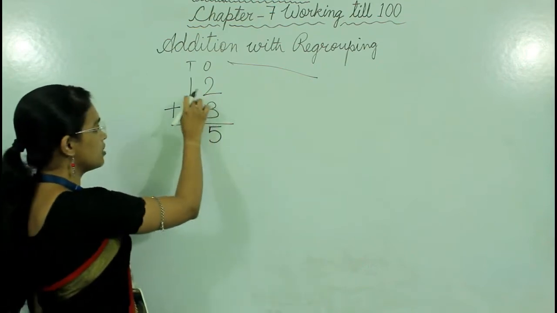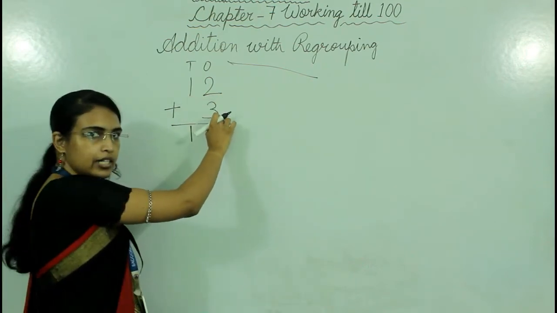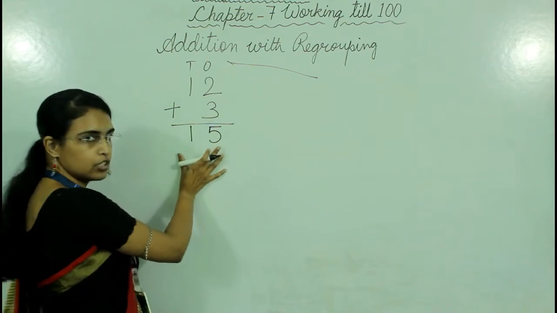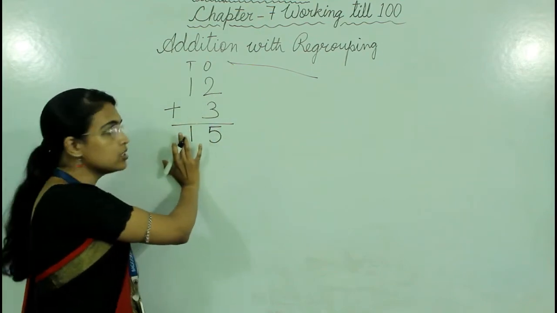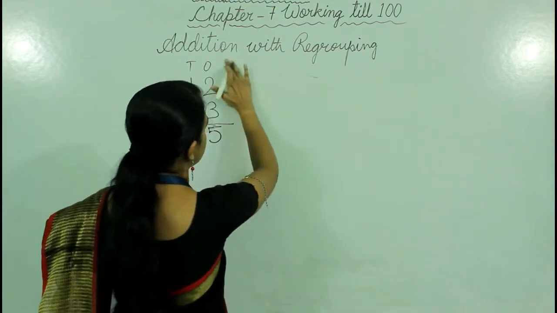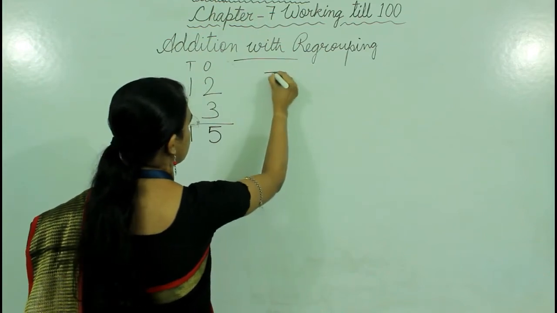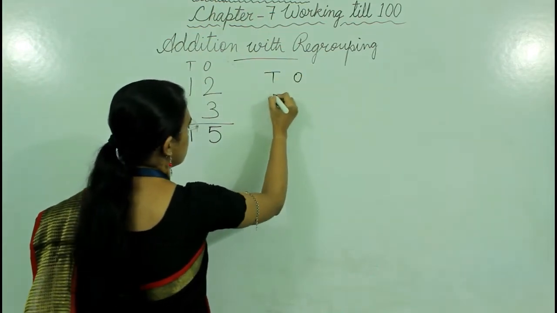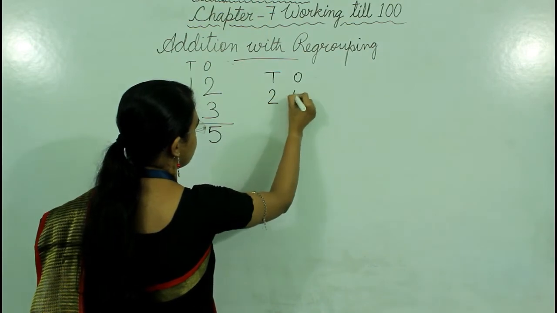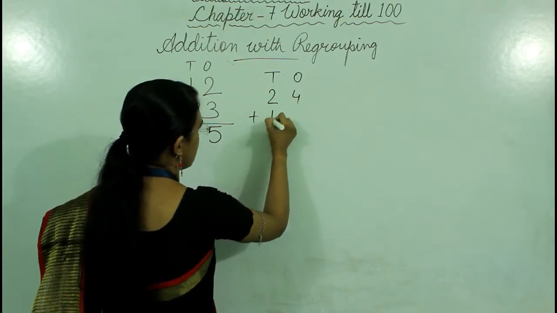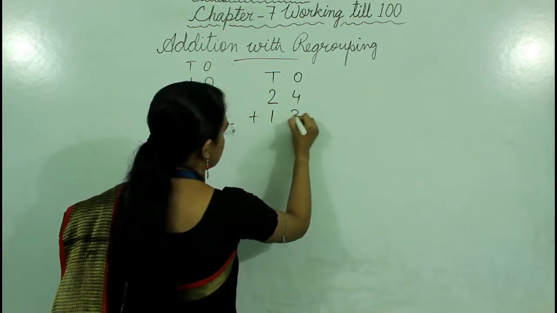This is a 2-digit number and this is a 1-digit number. You can do addition in this way for this type of sums. If you have this type of question, suppose you have 24 and below it you have 13.